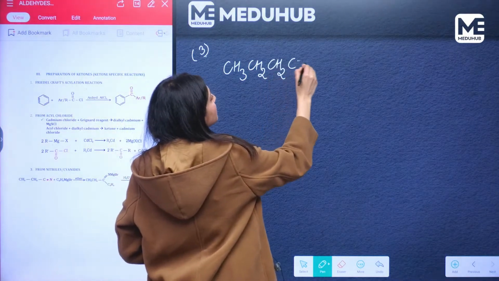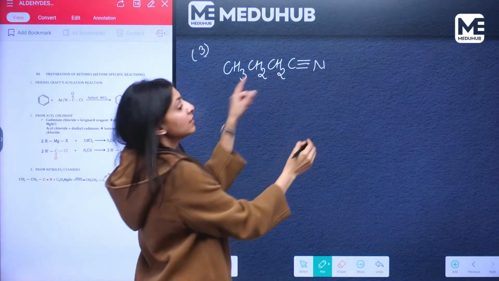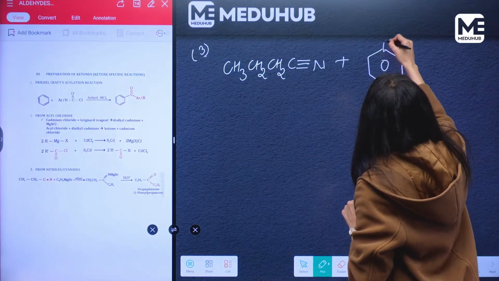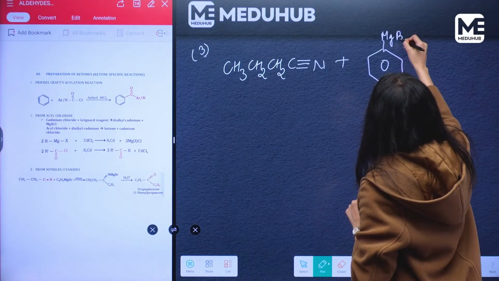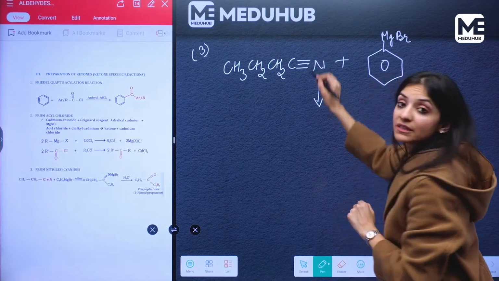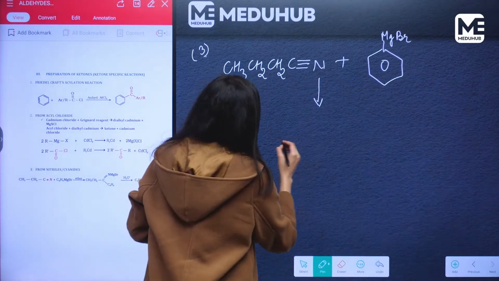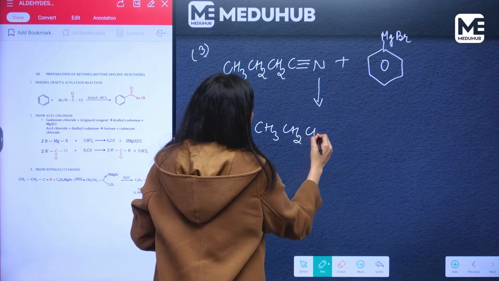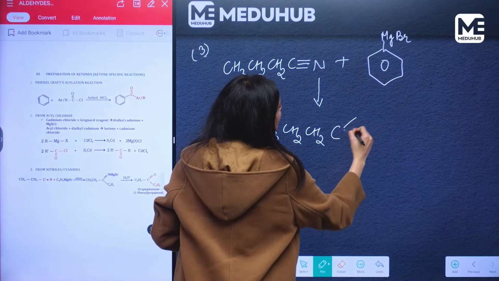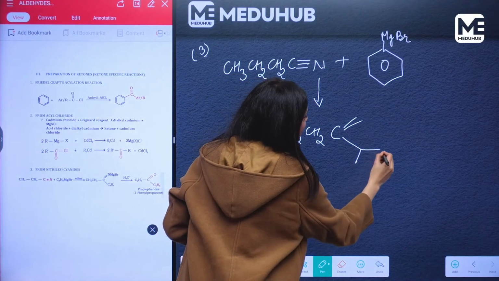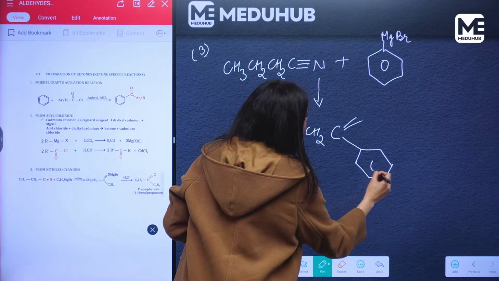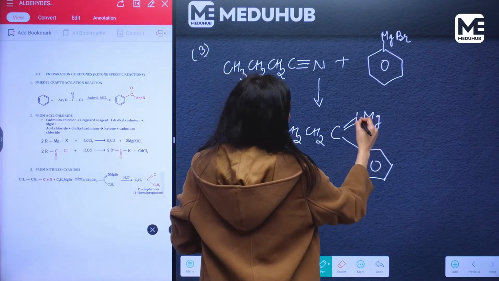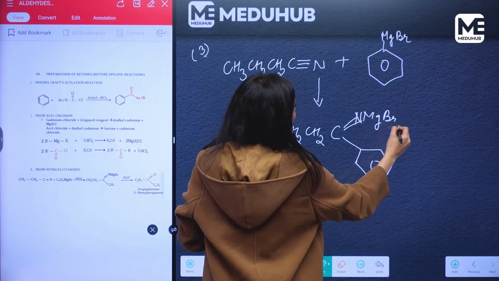Let's take another example, triple bond N. This reacts with this Grignard reagent here to give us a complex which can be written like this: CH3, CH2, CH2, C, double bond here, and the phenyl group comes here, Mg, N, Mg, Br.